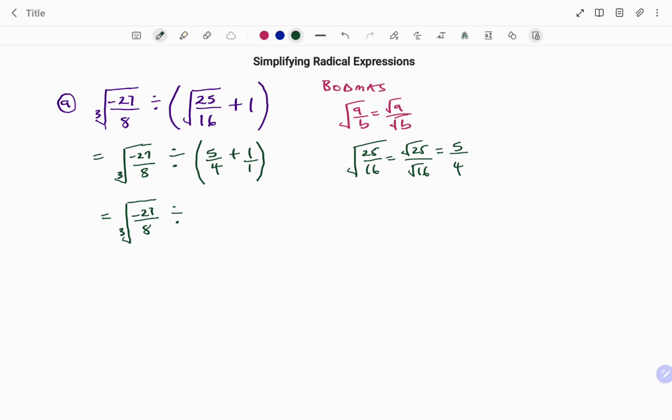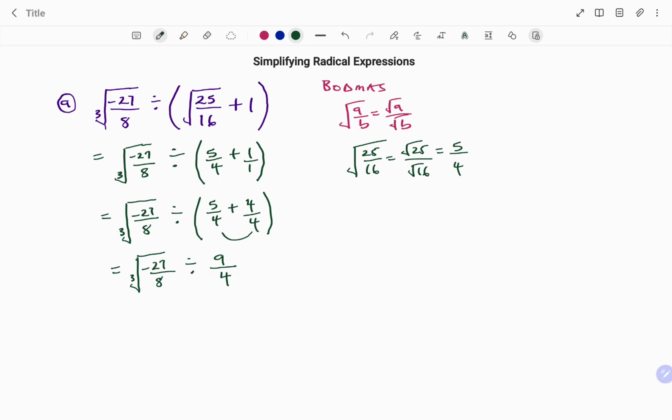So I'll multiply both the numerator and the denominator by 4, so I have 4 over 4. Now that the denominators are the same, I can put them under the same denominator. I still have cube root of minus 27 over 8 divided by 5 plus 4, that's 9 over 4.